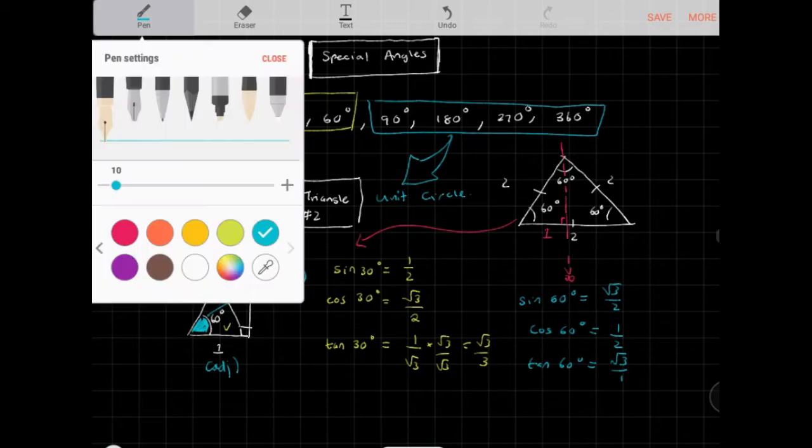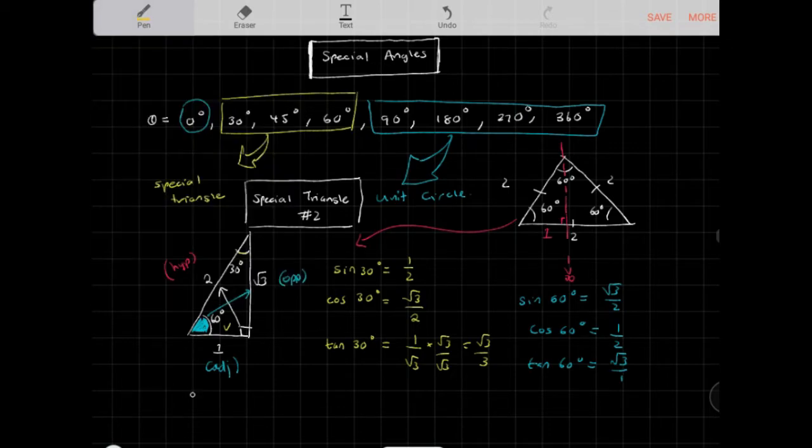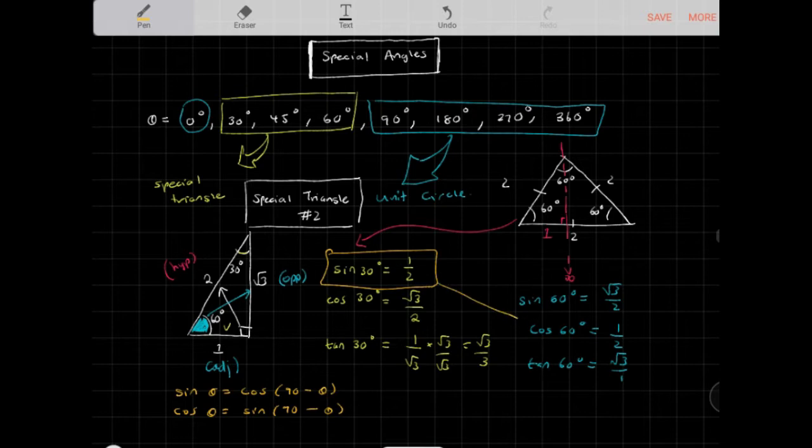Now we can see that sine theta is equal to cosine of 90 minus theta, and cosine theta is equal to sine of 90 minus theta. You can notice this by comparing these two. If I compare sine 30 with cosine 60, they have the exact same value.